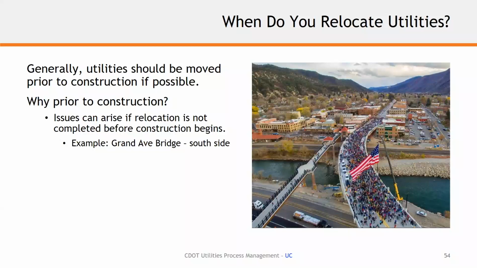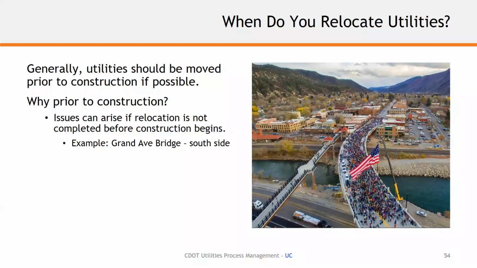There were a lot of phasing discussions at 30 and 60% design with the utility company and our designers and everybody else about phasing and pursuing an early relocation for a portion of the gas line versus just starting all at the same time and trying to work around each other. That was certainly something that was identified and pursued early on.